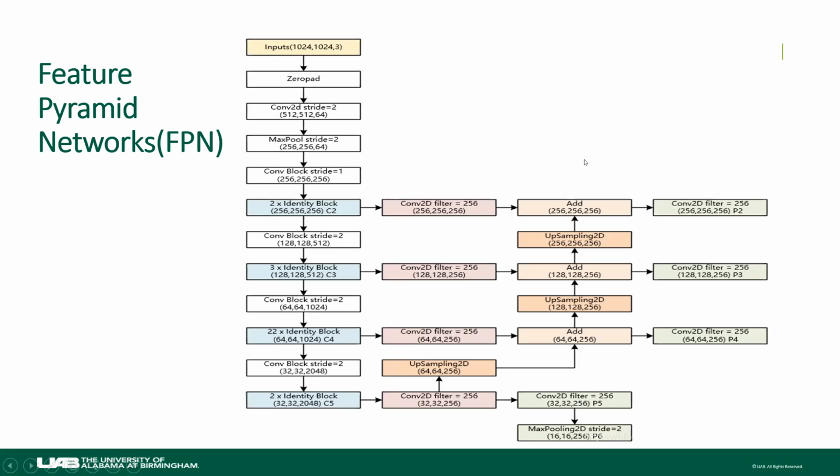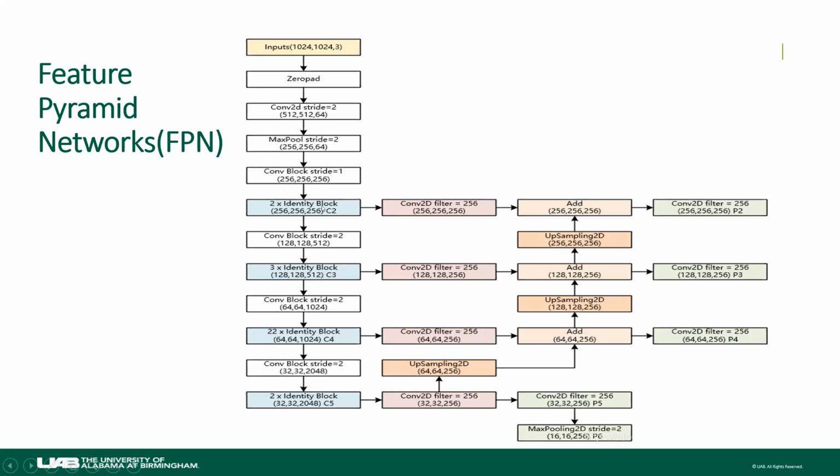This is the feature pyramid network in RPN. Take a picture of 1024 by 1024, for example. If you input the picture, it will be compressed in several stages. For my project, I use ResNet 101.